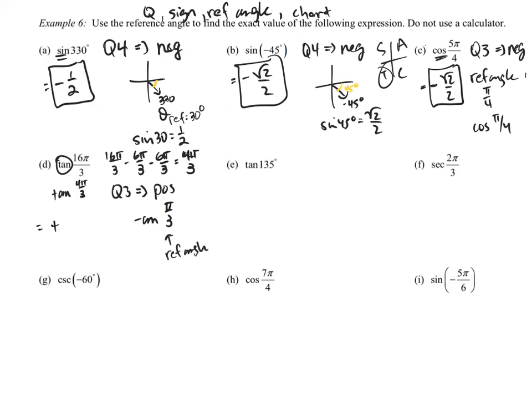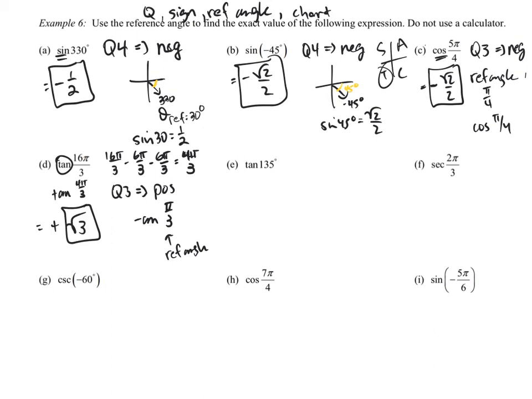And the way that I know that is because radians are super simple. To find the reference angle, you just have to look at the denominator. So tangent of pi over 3 from my chart is square root of 3. And so I know the answer to letter D is going to be square root of 3.